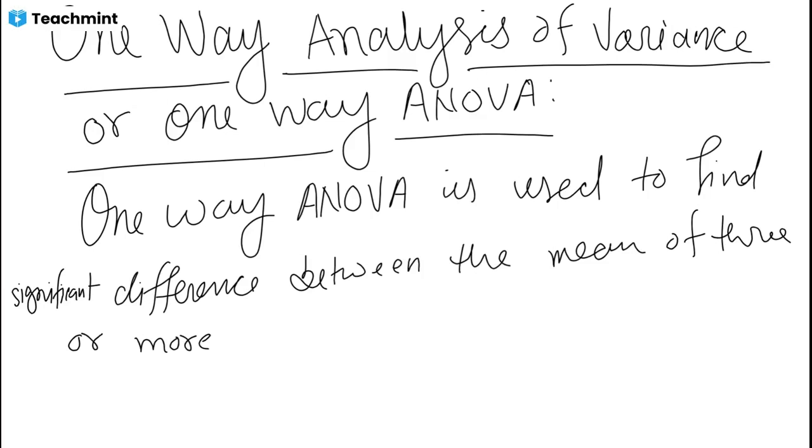I'll explain what it means. We have done it already for two, so now we have three or more. We use ANOVA to find significant difference between means of three or more groups, if there is any.